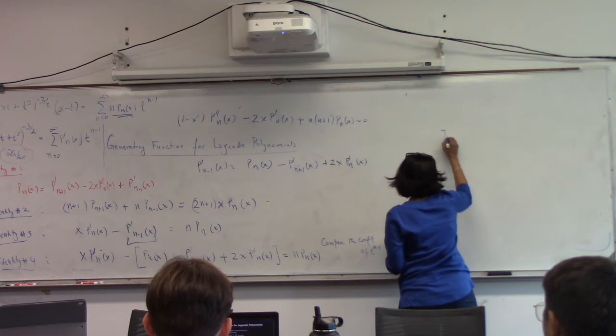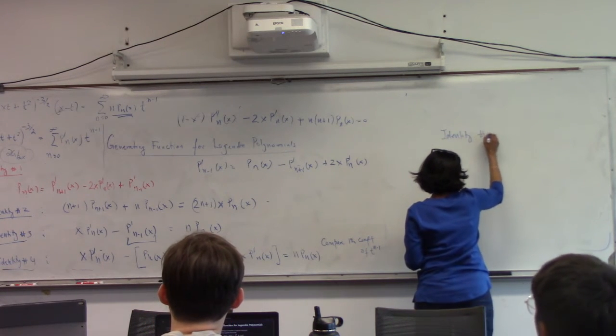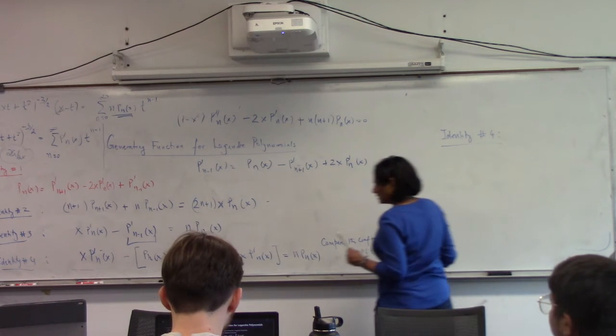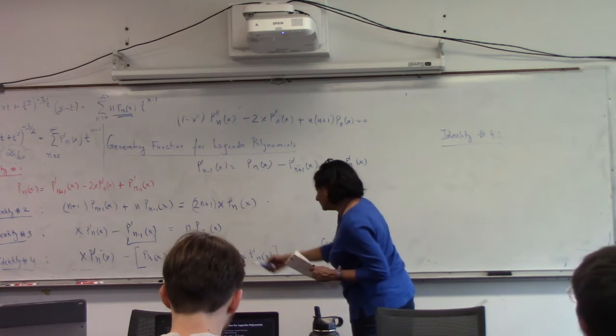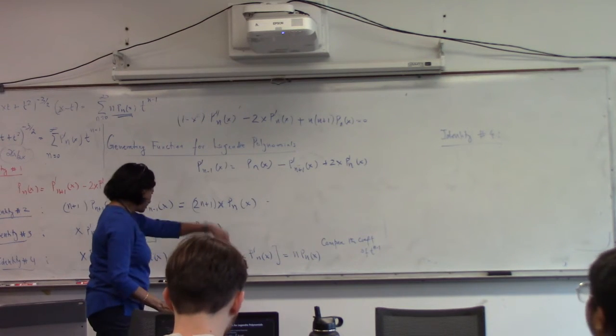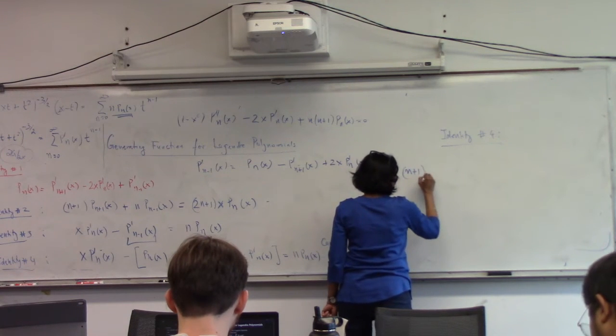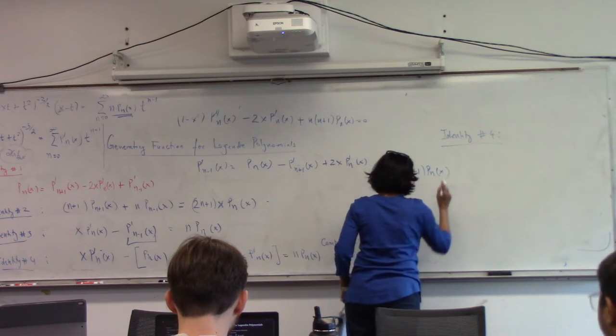So what I have is the following. You can put everything on the other side if you want, so that you could start with n plus 1 p sub nx.